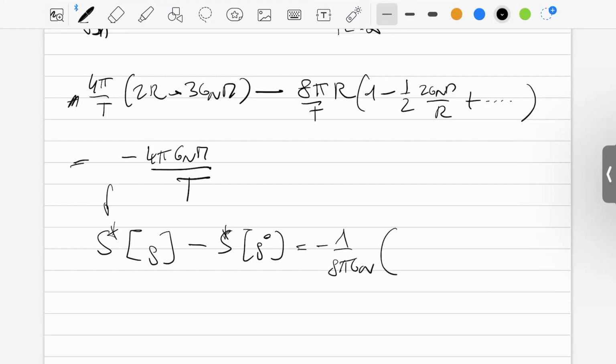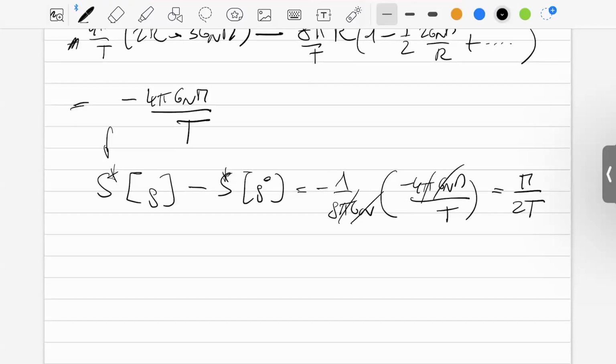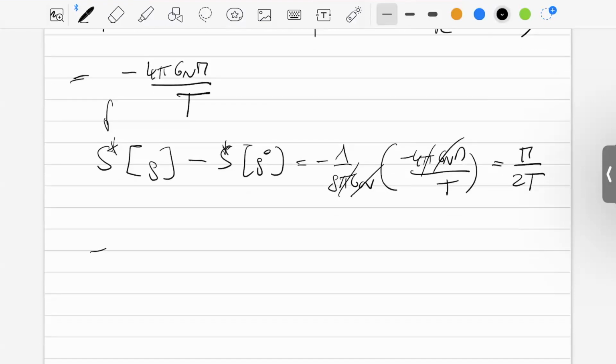So minus 1 divided by 8 pi times minus 4 pi G M divided by T. Or you can write it as M divided by 2T. Because here the pi goes away, the G goes away, so you have M divided by 2 times the temperature. But now don't forget that the temperature, we found it to be 8 pi GM.